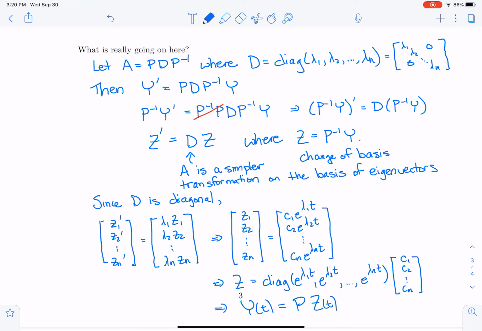So that means that we essentially transform the problem to the basis of eigenvectors, and then the problem was simpler on the basis of eigenvectors, and then we transform the solution back to our standard basis.